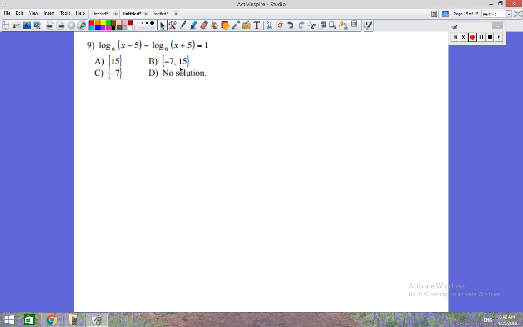The first thing we're going to do is these 2 logarithms that have the same base, a base of 6, we're going to express as a single logarithm, because we know it is the log of the numerator minus the log of the denominator. My numerator is x minus 5, my denominator is x plus 5.